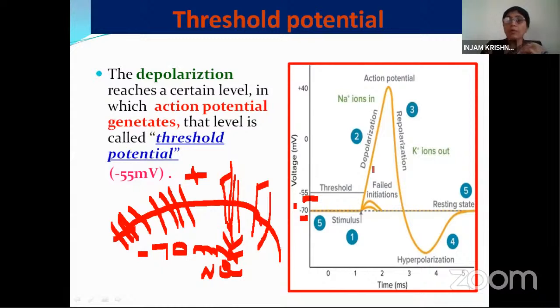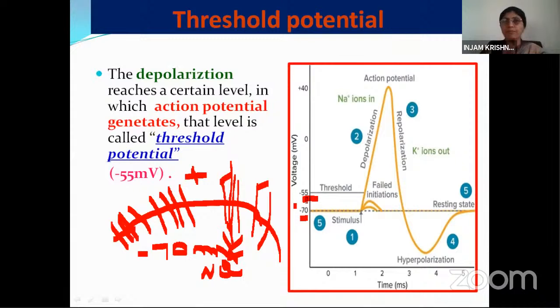But why do we call it depolarization? When it is minus, negativity is inside and positivity is outside. In that situation, we call it polarity. But here, because of the stimulation and the reaching of threshold potential, the negativity has decreased, which means positivity has increased.